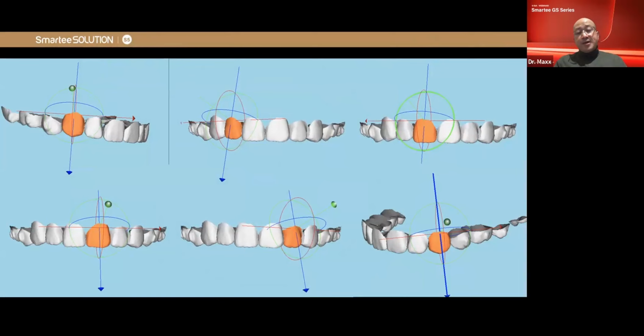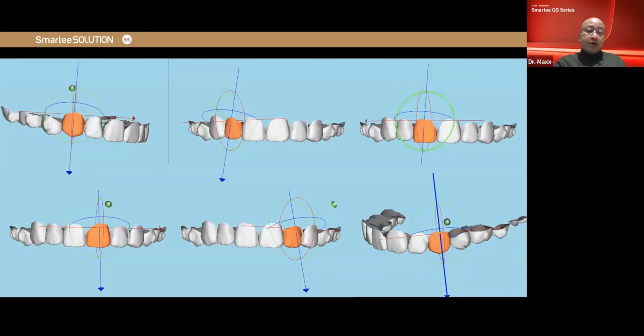Okay, this is the animation design. In the animation design, for the 6 upper front teeth, we put the rotation center at the gingival margin and the crown margin.